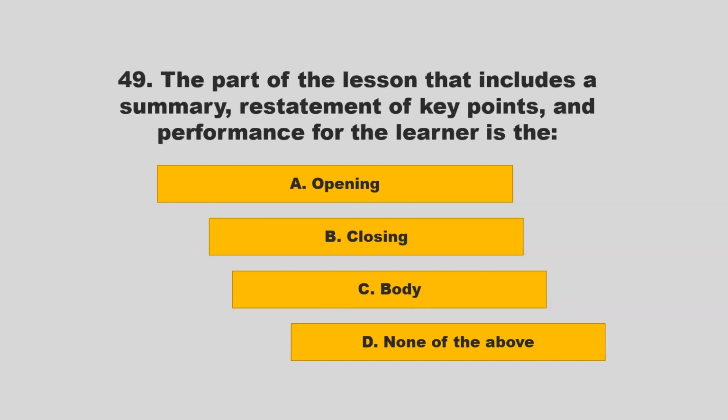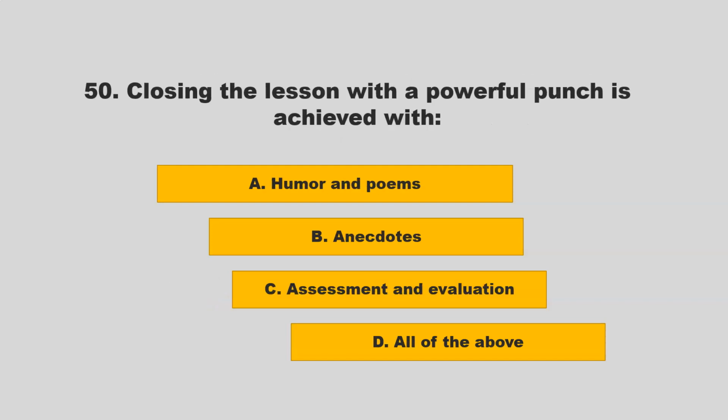The part of the lesson that includes a summary, restatement of key points, and performance of the learner is the opening, closing, body, none of the above. If you chose C, body, you are correct.